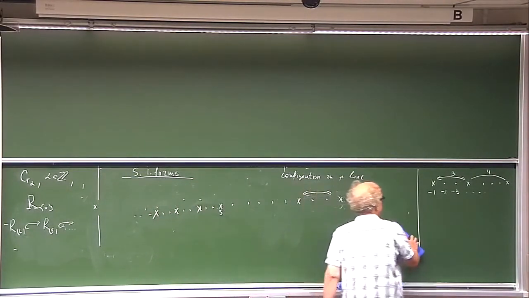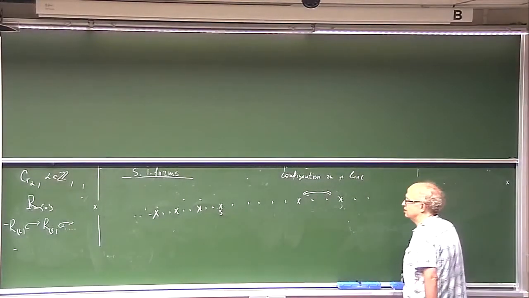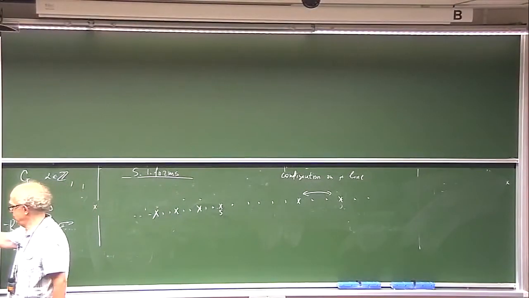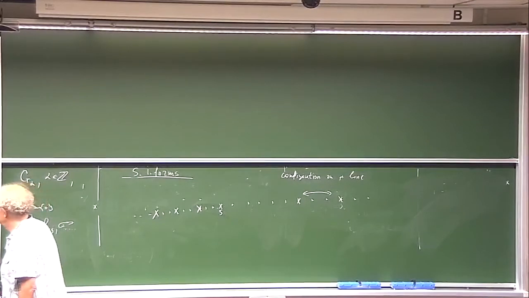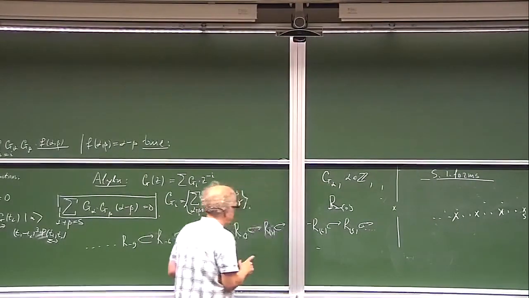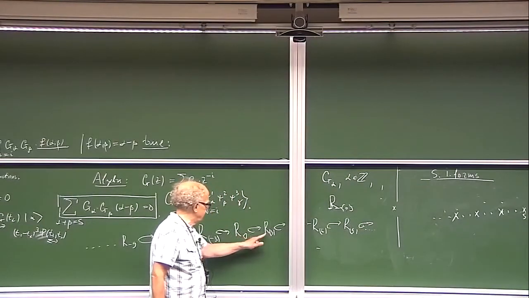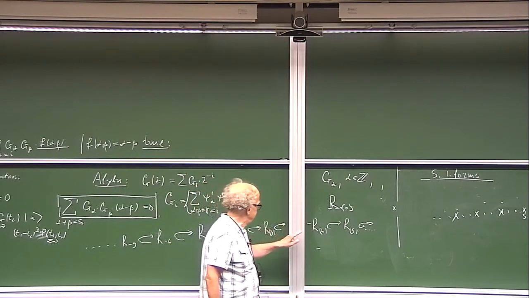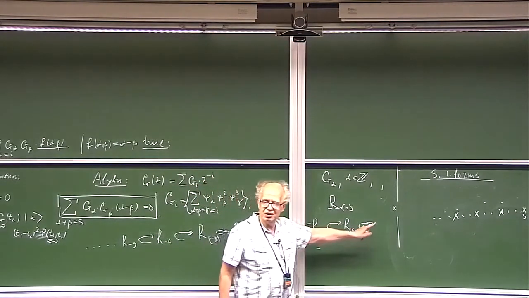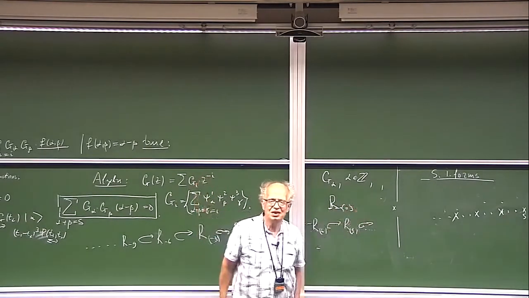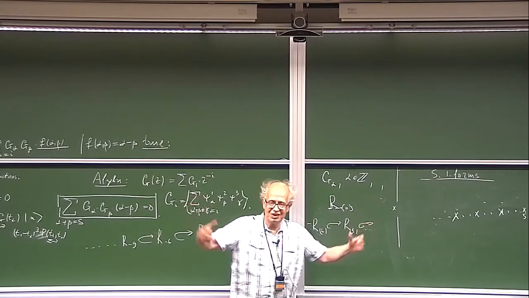What I actually claim is that the direct, no, the injective limit, so you see, I claim that this is a subspace here, this is a subspace here, and so on. But this is a subspace here, this is a subspace here, and so on. So these are spaces which become bigger and bigger, and in the limit it gives me something.